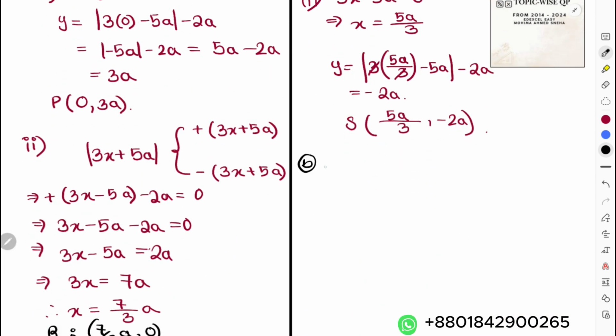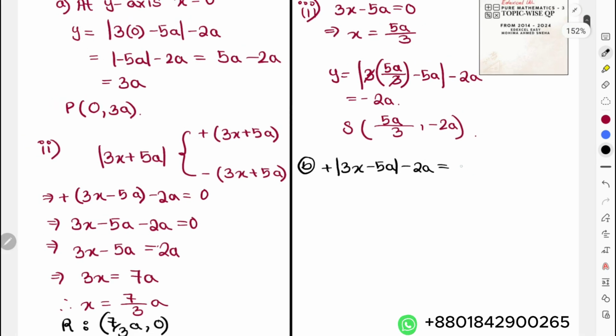So we're going to consider that, okay, plus 3x minus 5a minus 2a, and then again x minus 2a, so we're going to say plus x minus 2a. So you get 3x minus 5a minus 2a, x minus 2a. I can see that this 2a and 2a cancels out.